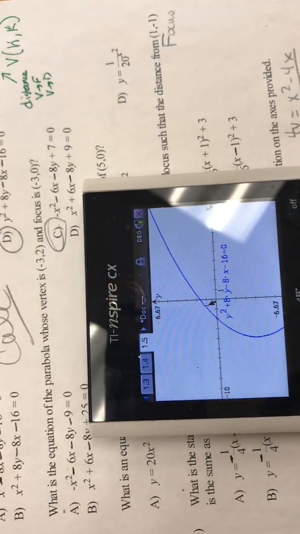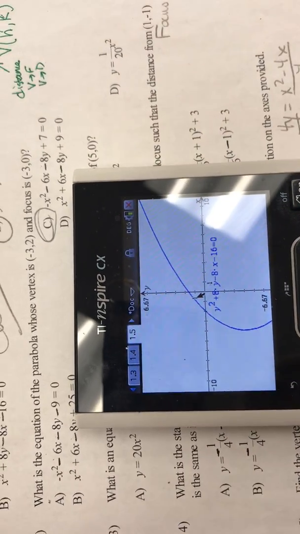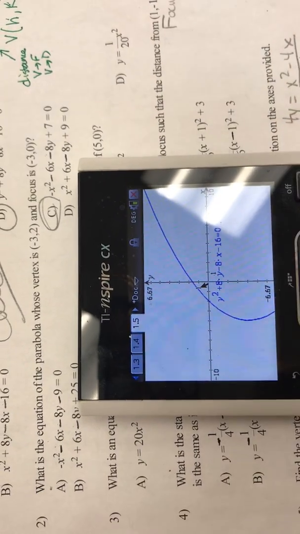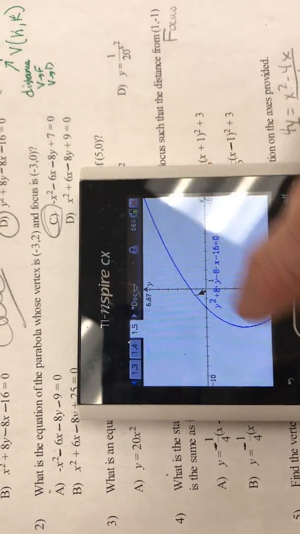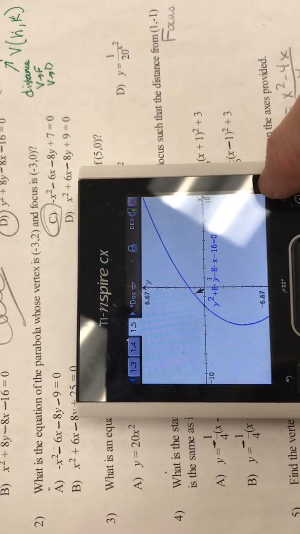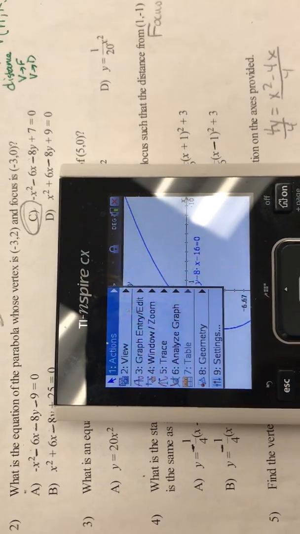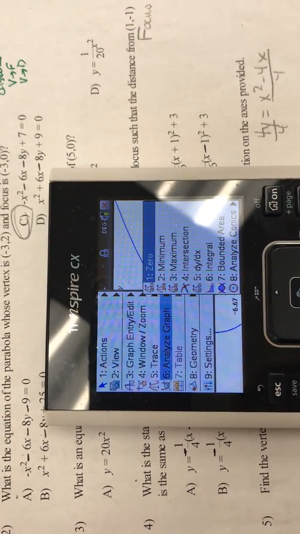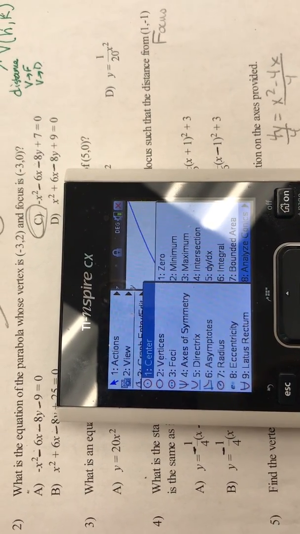Once we see our parabola, which is a sideways one, it does not matter whether it's positive or negative, or whether the y is squared instead of the x. You still hit menu, analyze graph, and then analyze conic, choice 8.